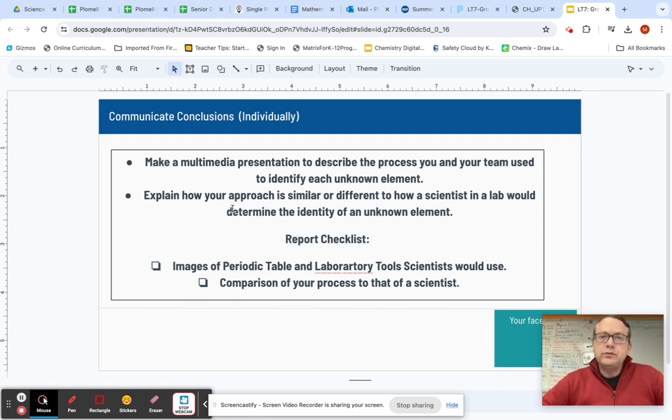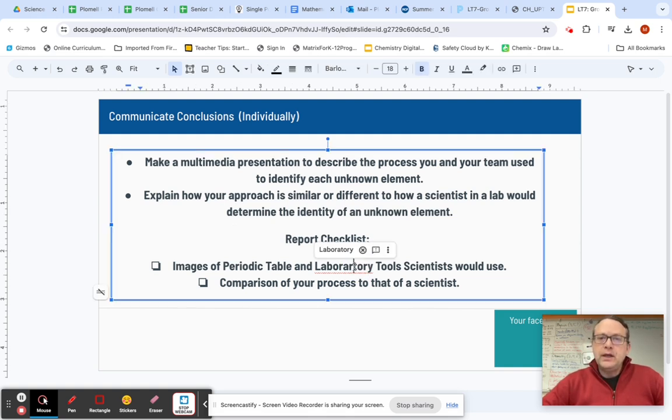Basically, compare your research to what you did, what were your limitations, and what limitations exist in a lab environment, and what approaches they take and how are those similar to your approaches.